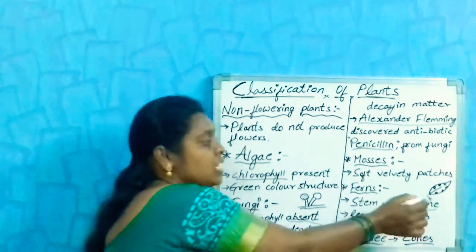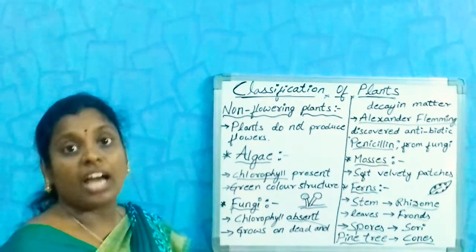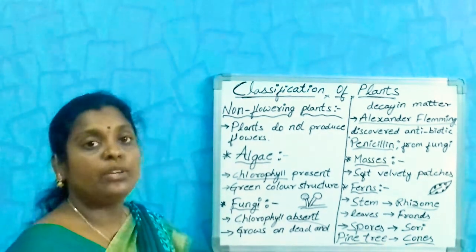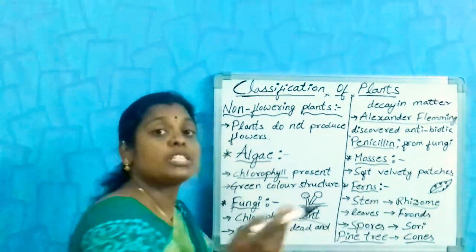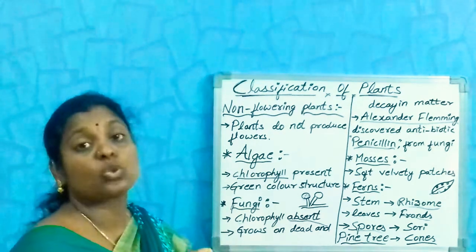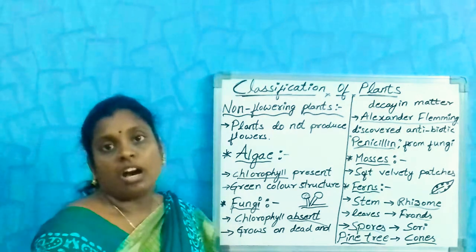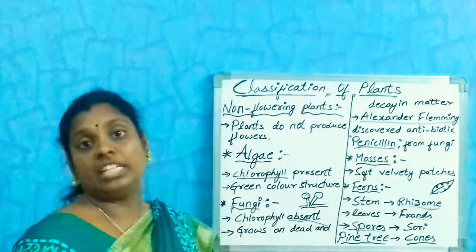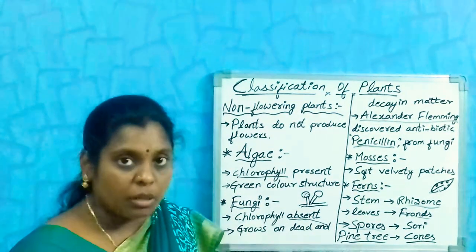So, when these fall on the ground or come in contact with the soil, it develops into a new plant. So we call it reproduction.